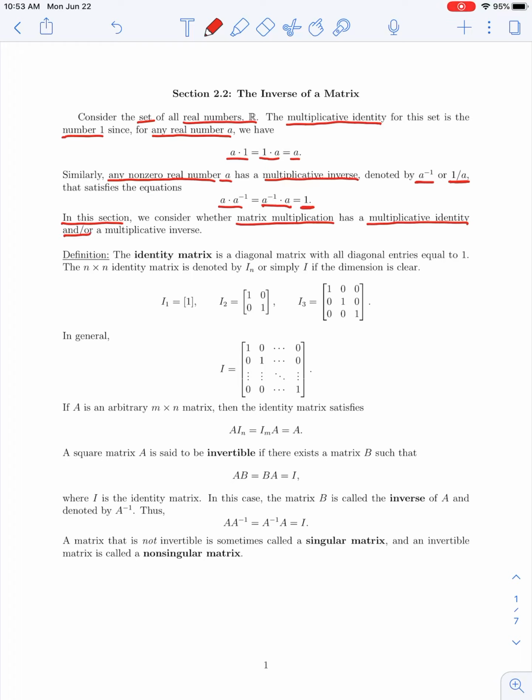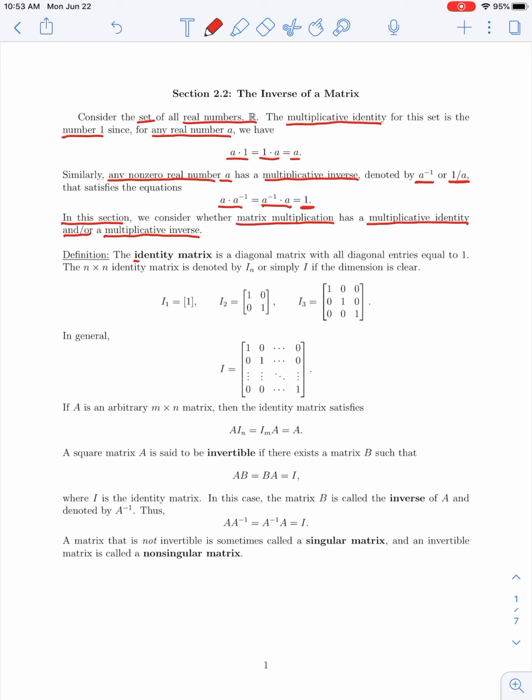Or does a given matrix have a multiplicative inverse? Is there some matrix that I could multiply a given matrix by that would take me back to that identity for matrix multiplication? So to answer the first of those questions, is there a multiplicative identity? Yes, there is. So let's define it.